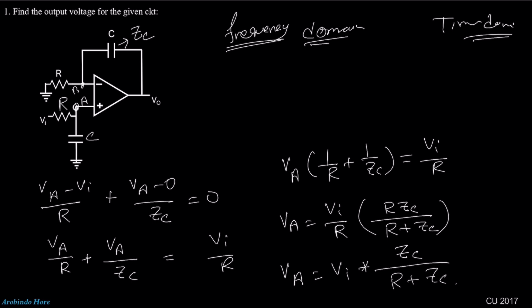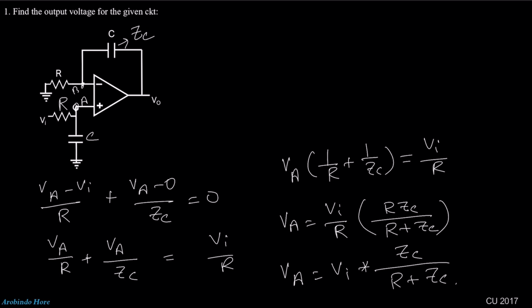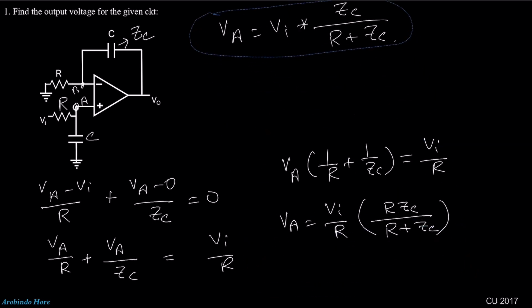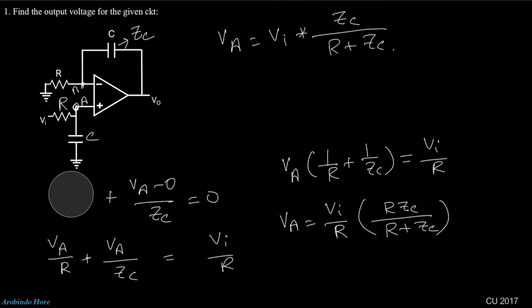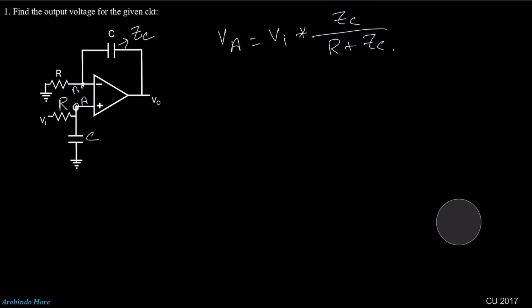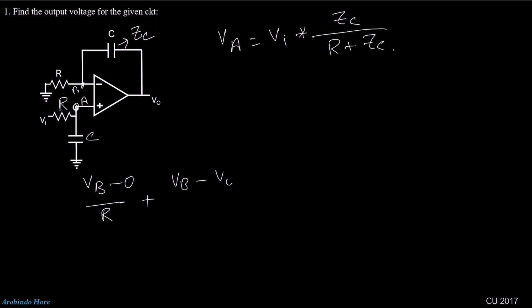Okay. So I just wipe the other parts and keep the ultimate formula. Now apply KCL at point B. We can write down (VB minus 0) divided by R plus (VB minus V0) divided by ZC equal to 0.